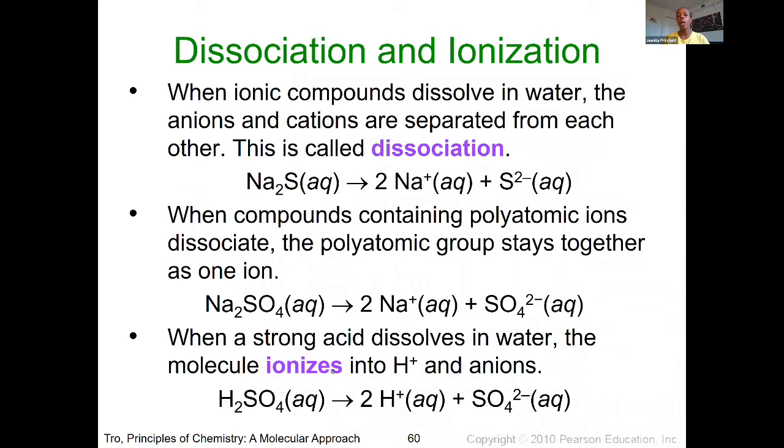And so when an ionic compound dissolves in water, again, the ions that are going to be created are based on the ions that are present in the actual compound. And so if we look at sodium sulfide, we see that we have 2 sodium ions coming out of the dissociation process and 1 sulfide ion being created.